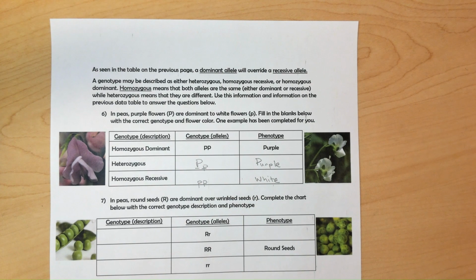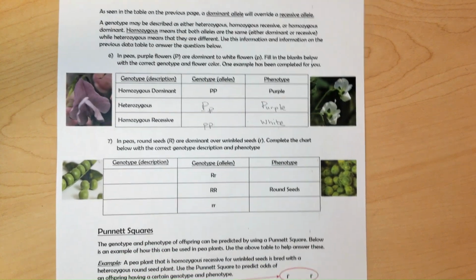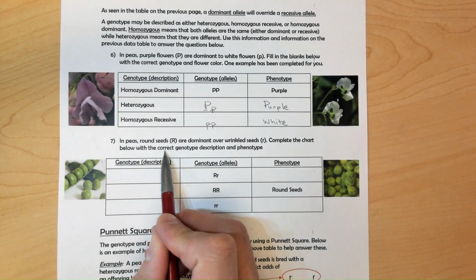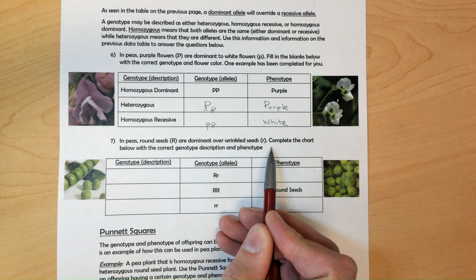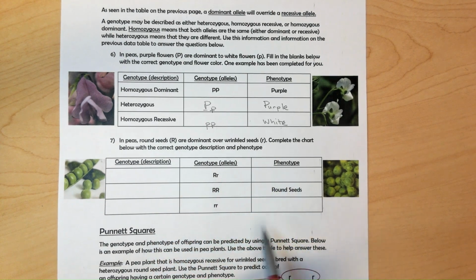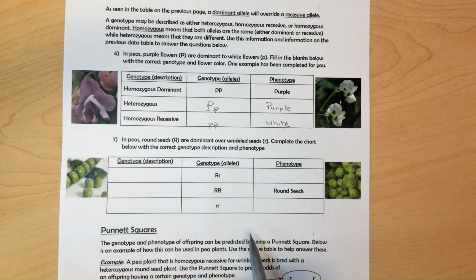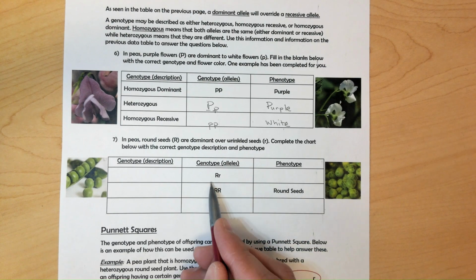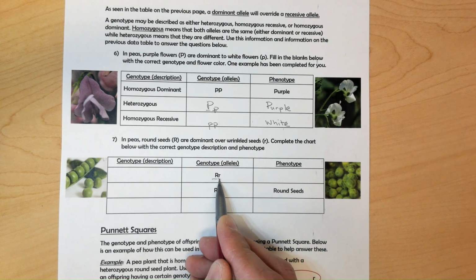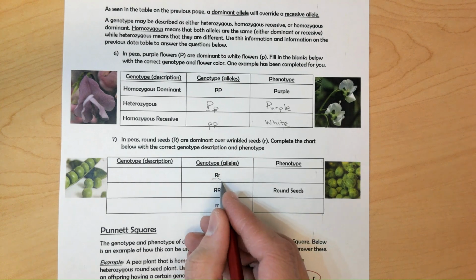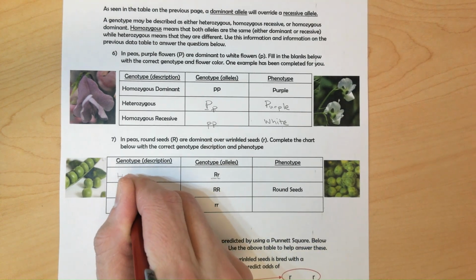Okay. Down below in number 7, we see that round seeds are dominant over wrinkled. So we want to do the same thing down here. I've reorganized it a little bit, so let's go ahead and fill this out together. So for the first example, we see the heterozygous individual here, big R, small r, so we write heterozygous here.